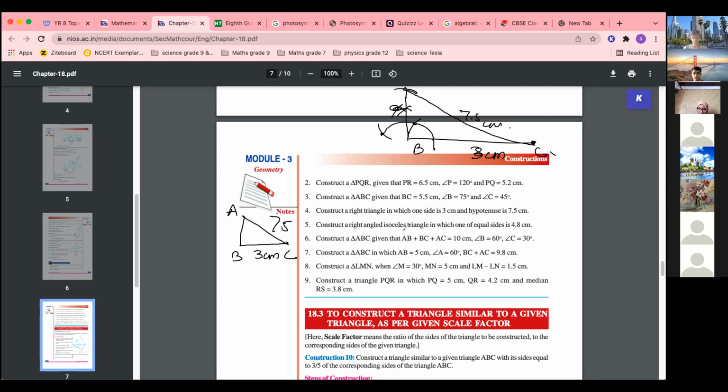Ma'am, can we make the base the hypotenuse? If you make the base the hypotenuse, then the 90 degree will be very difficult. How will you make 90 degree then? Because the 90 is going to come here then. Right? So here it is very difficult to make 90 degree.